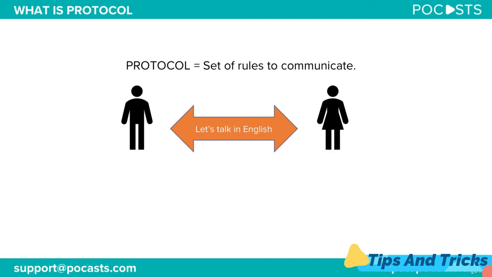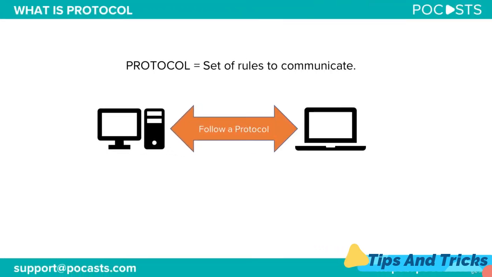Next, let's define HTTP with the use of the new word that we just learned, that is protocol. Before we jump into HTTP, I want to bring the context of understanding to system level. We learned protocol in general, right? Now let me bring you the same definition when two systems want to communicate.